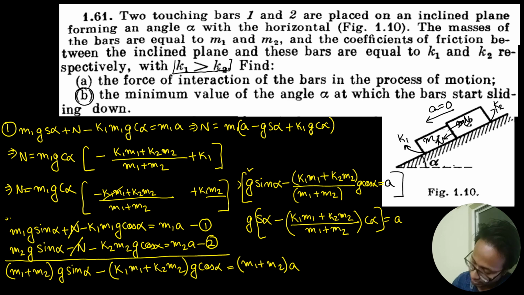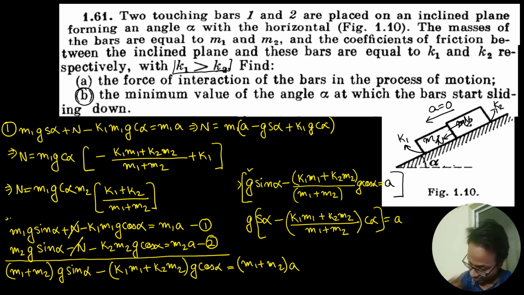Anything left to take common? m2 can be taken common from the numerator. Then we are left with k1 plus k2.